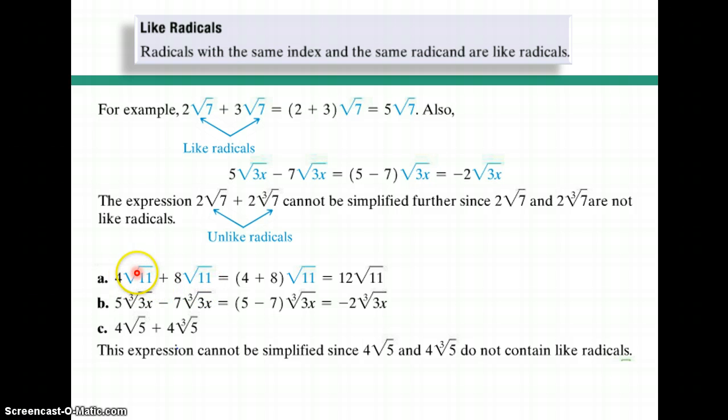The index 2, here also index 2, so they are like radicals. Radicals with same index and same radicand are like radicals. Because these are like radicals, so we can add them.